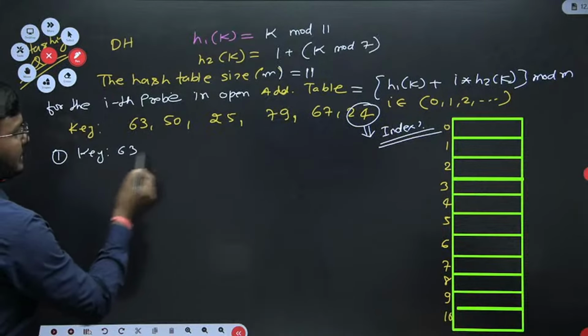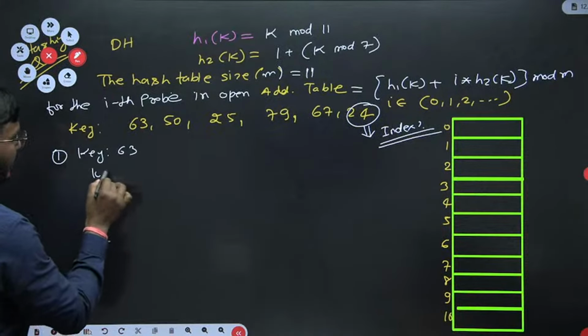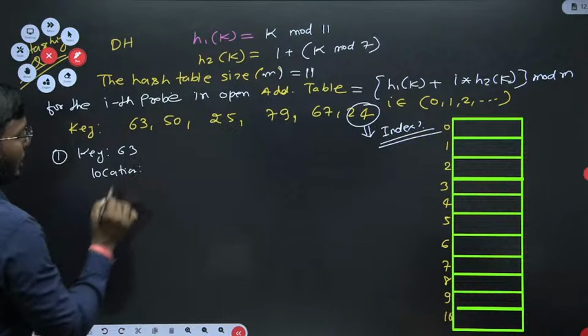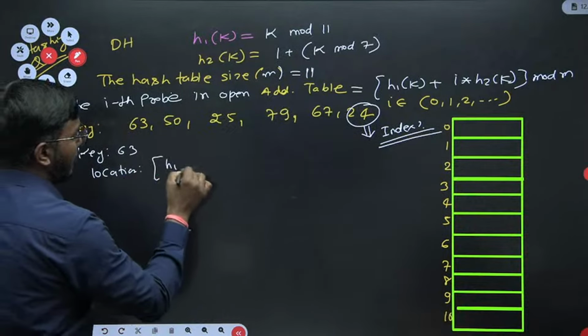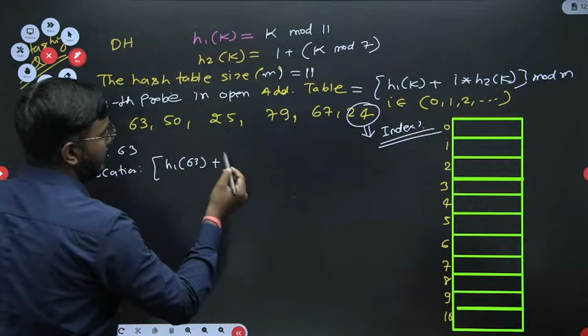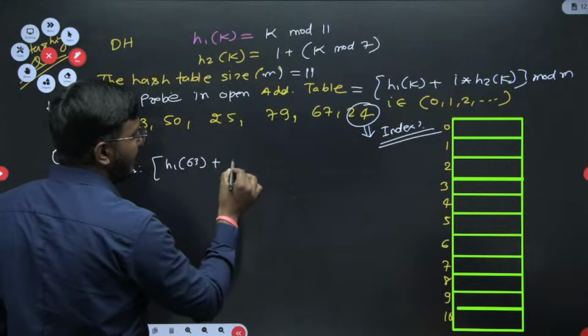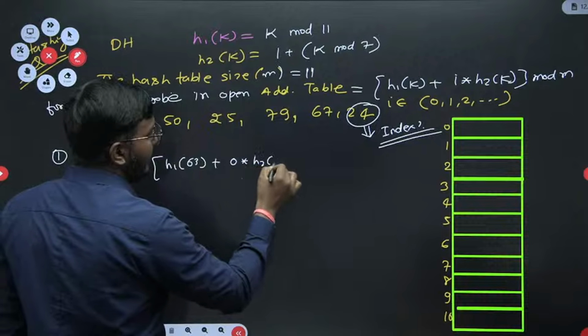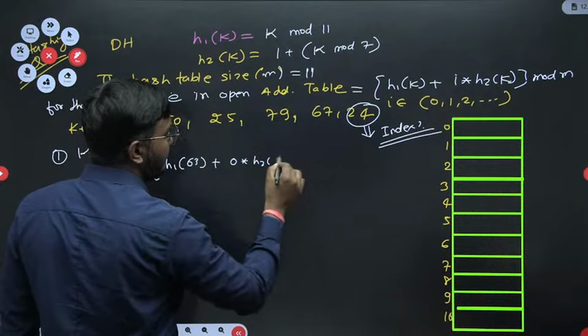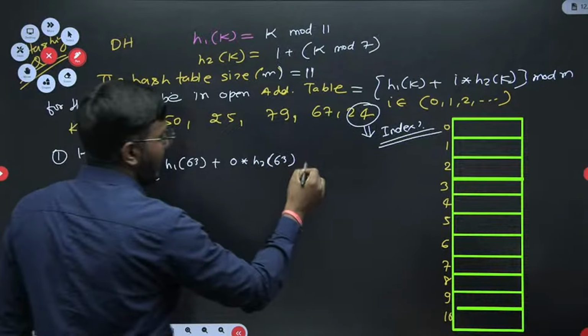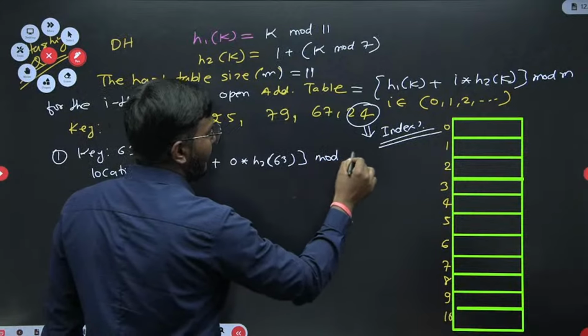If you pass this 63, the location will be h1 of 63 plus, because i starts with 0, 0 times h2 of 63, and then mod of 11.